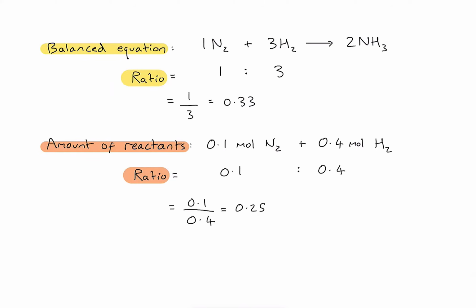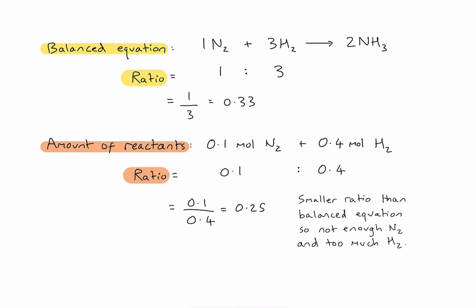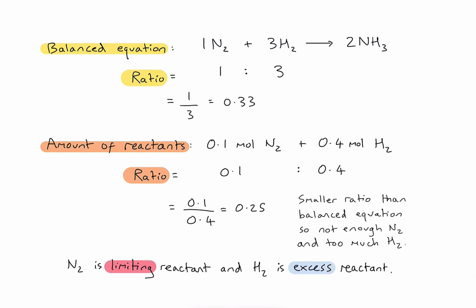So I could say that there is not enough nitrogen and too much hydrogen, which is the number on the bottom. So applying our specific terminology here, I could say that the nitrogen is the limiting reactant and the H2, or the hydrogen, is the excess reactant.